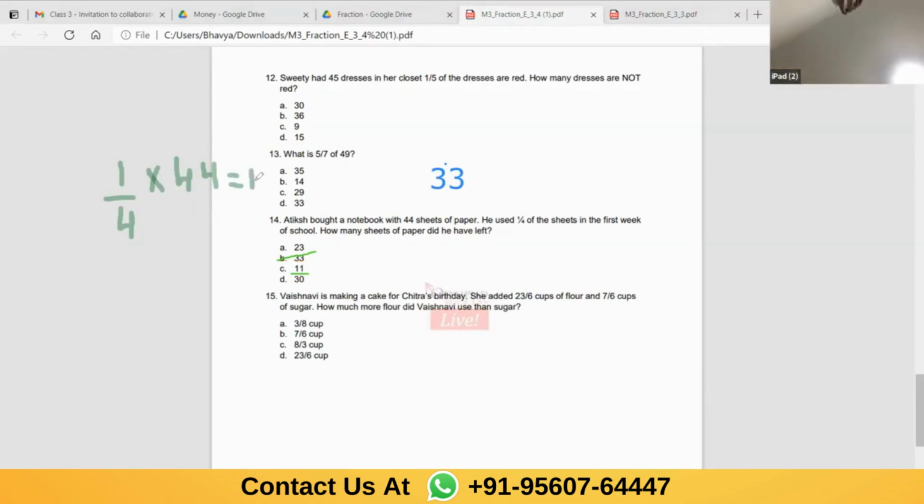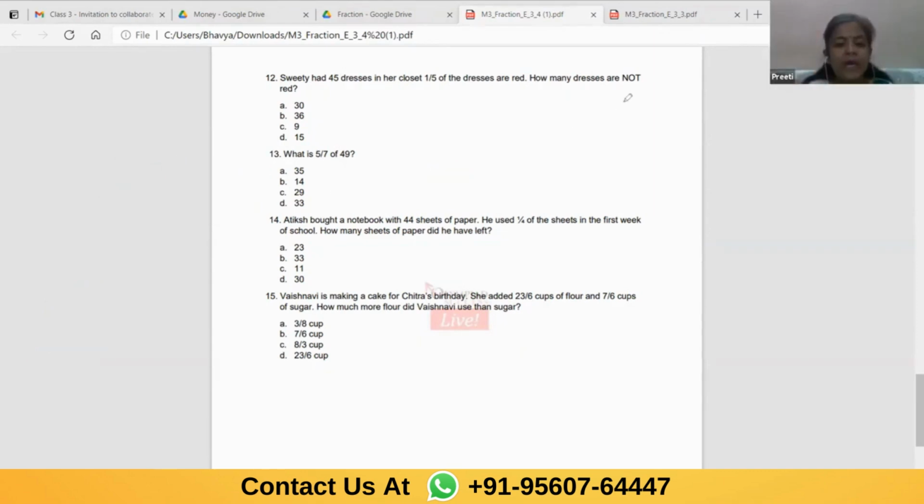The answer is 11. And Bobby, you have to subtract this answer from 44 to find the number of sheets left. Children, left always means subtraction. Left is a keyword, remaining is a keyword, always subtraction. Okay, is it clear, Bobby? Okay, ma'am.